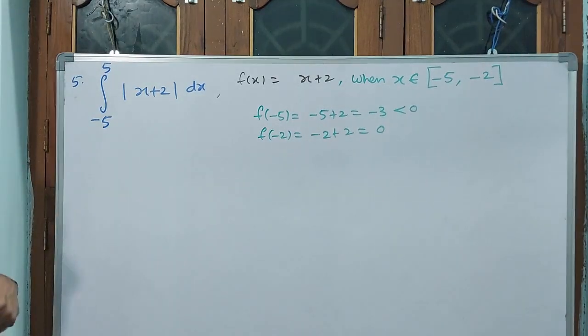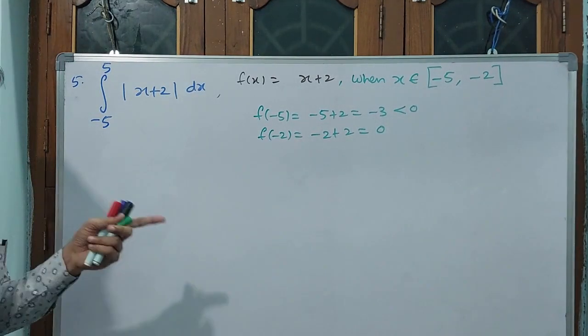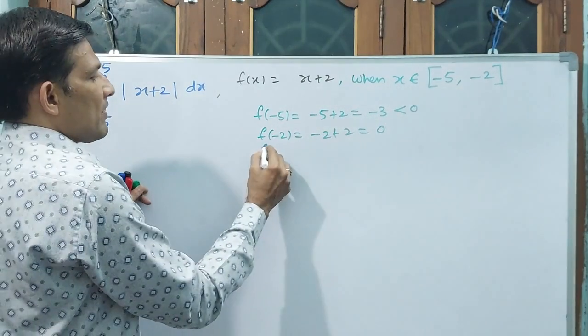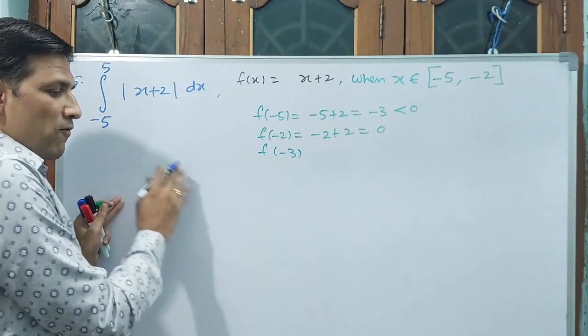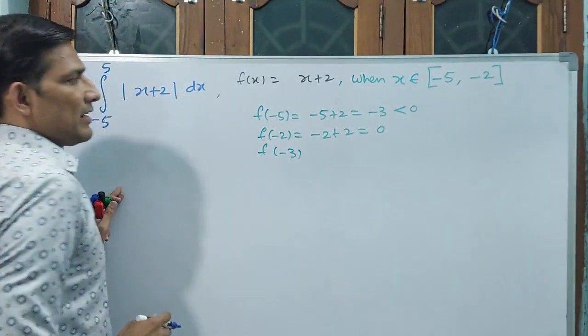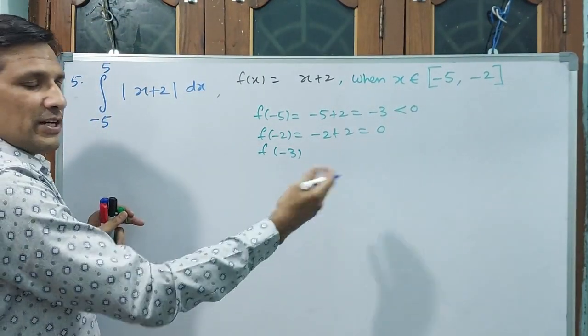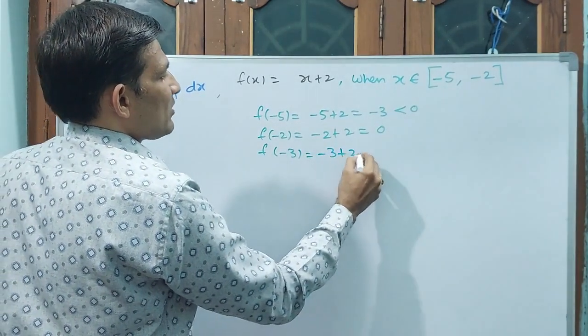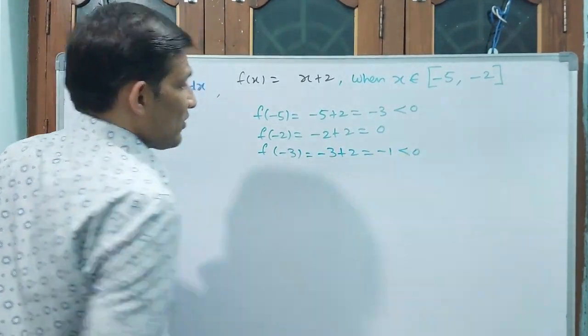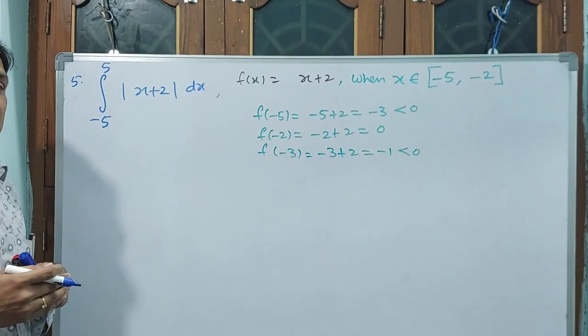In between minus 5 to minus 2, if you take anything, say f of minus 3, minus 3 plus 2 is equal to minus 1. This is less than 0. What do you understand here?